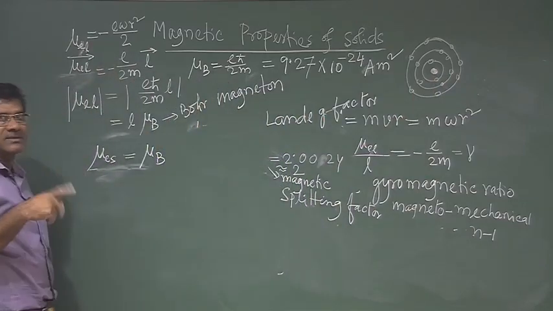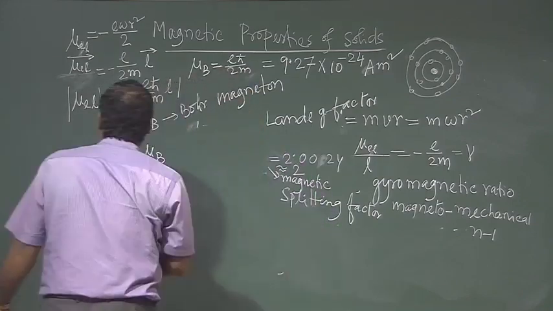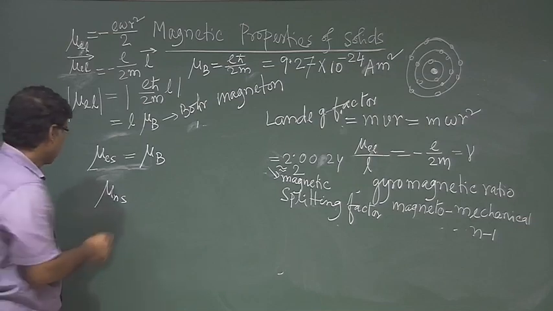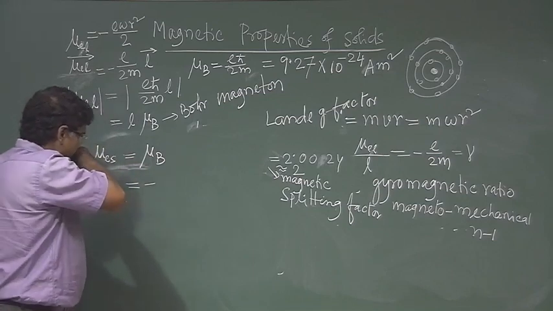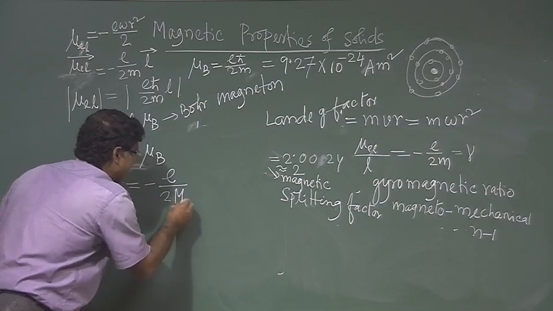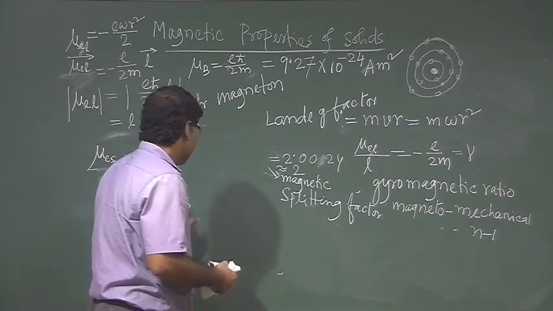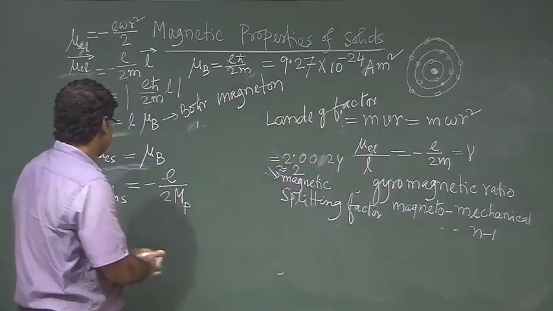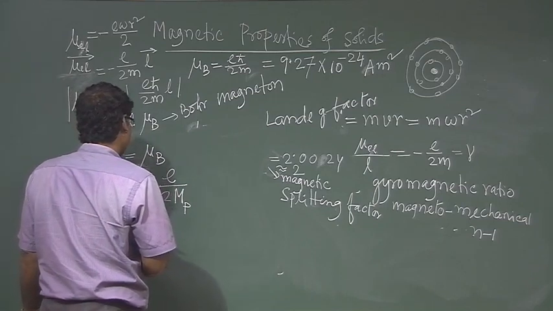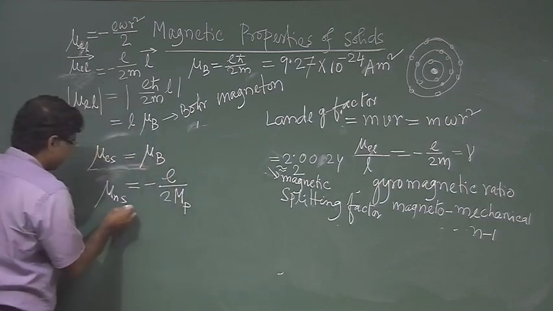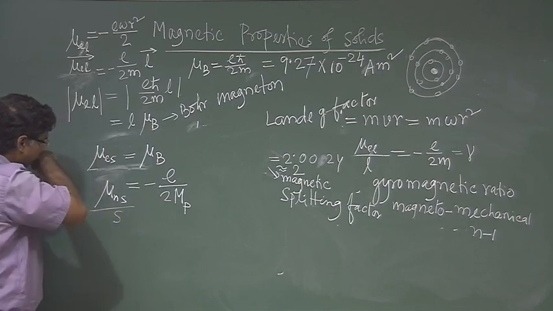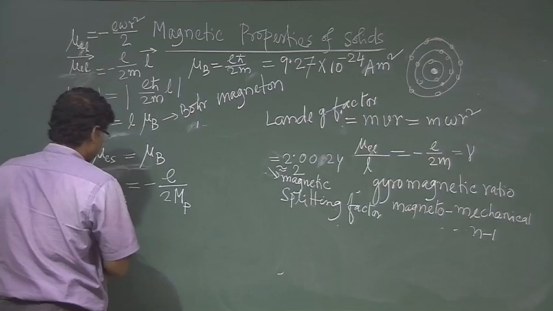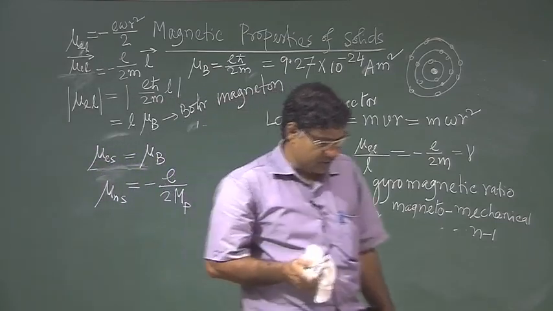In a similar way, the nuclear spinning motion gives mu_n, again e by 2m_p, where p stands for the mass of proton. This will be the ratio for the spinning motion of the nucleus.